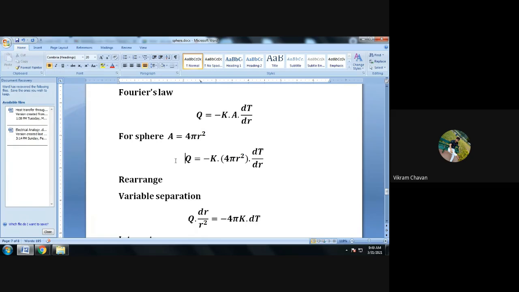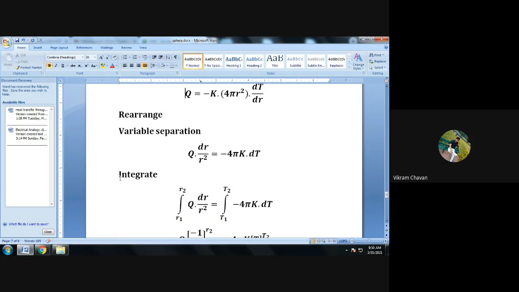Now further we have to rearrange this particular equation by doing the variable separation, because we are going to integrate the equation. For that reason, we perform the variable separation: the variable r terms we take on one side, and the dT term we keep on the other side. So rearrange the equation, or variable separation.